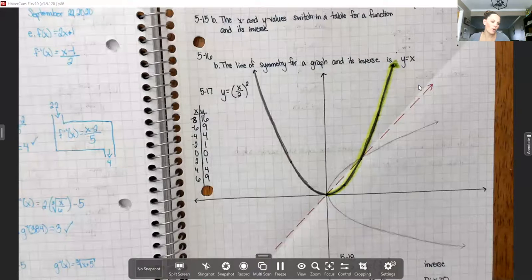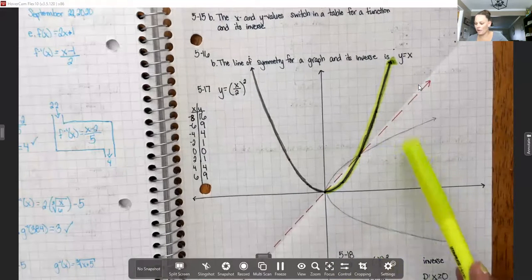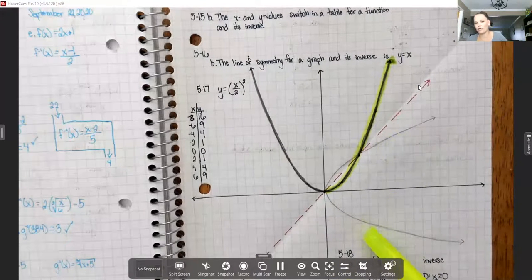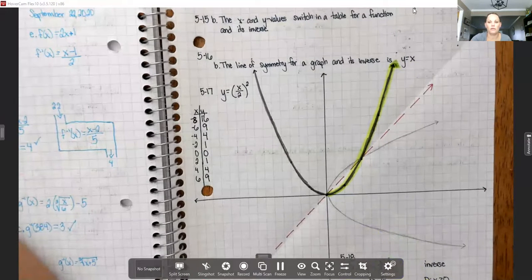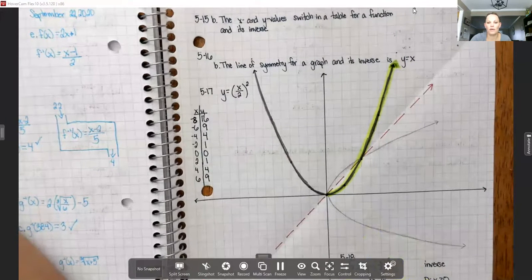So what part of the inverse would that be? Would that be the top half or the bottom half? I have a few people chiming in.